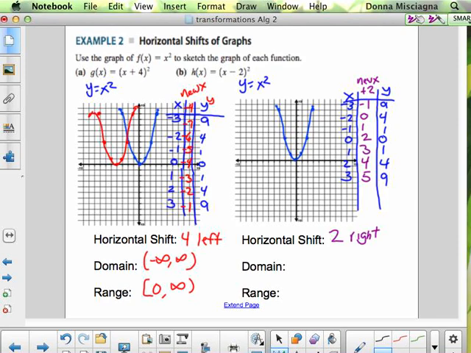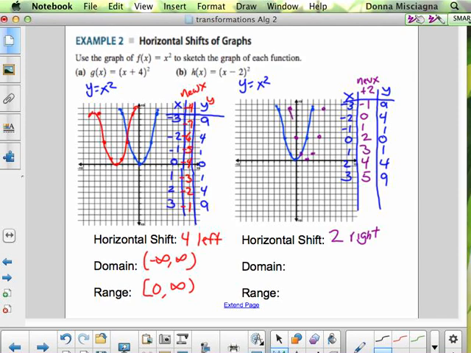So we have the points negative 1, 9. And 0, 4, and 1, 1, and 2, 0, and 3, 1, and 4, 4, and 5, 9.